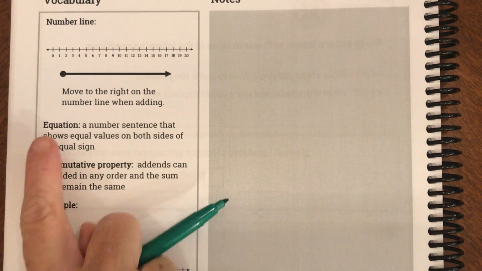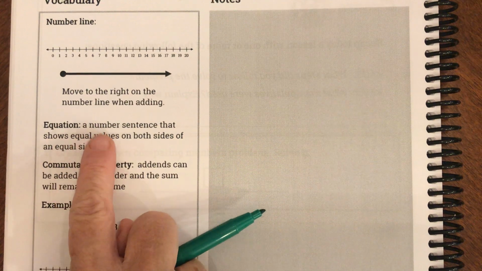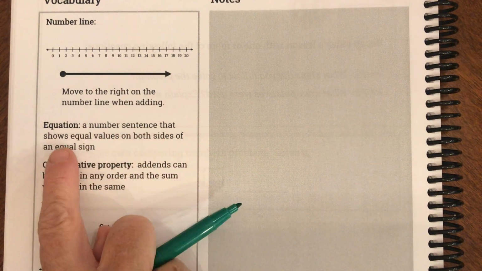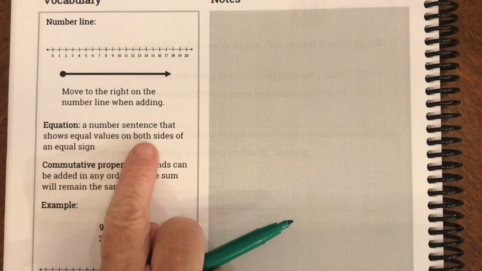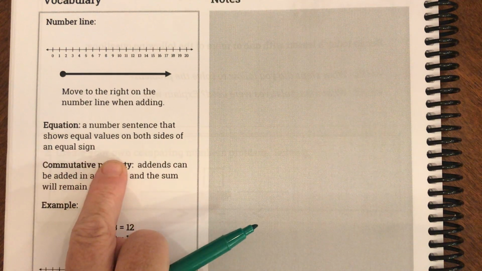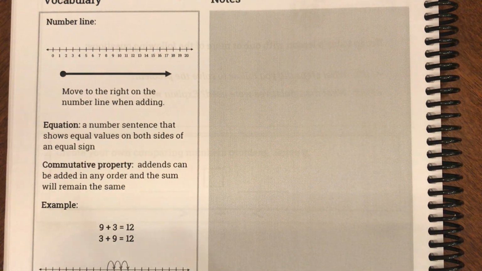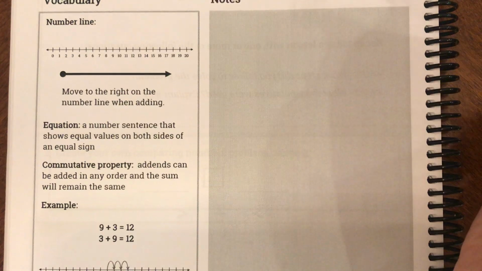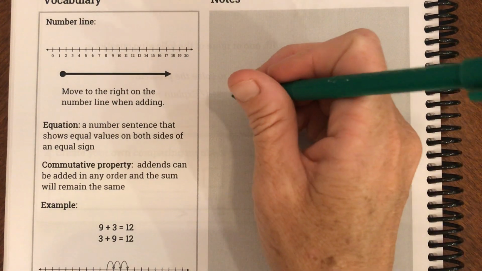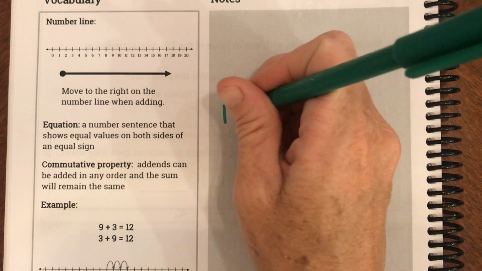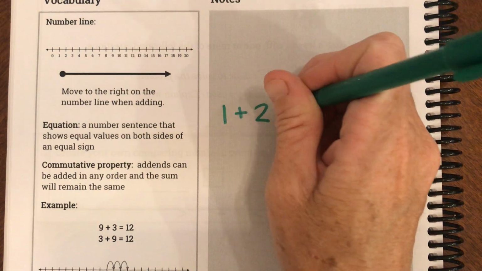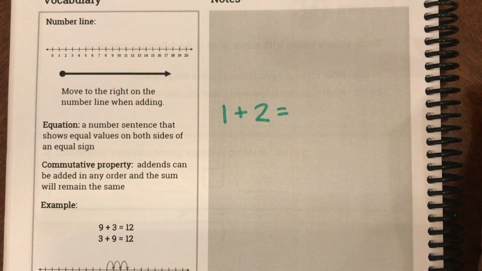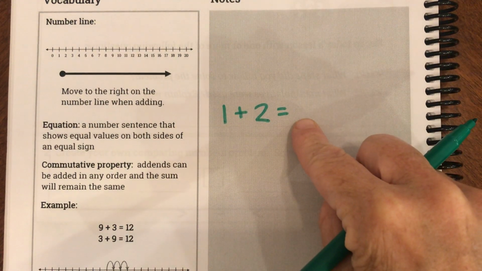Okay, our next word says equation. A number sentence that shows equal values on both sides of an equal sign. So there's lots of different equations we could write. We're going to put a couple examples that some of you already know. If I said 1 plus 2 equals, and then we need an answer here.